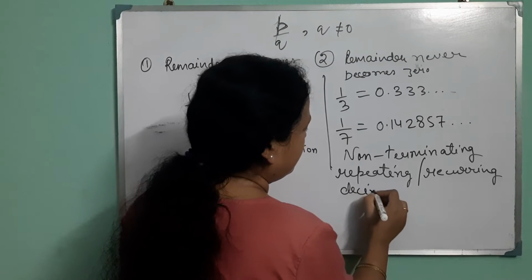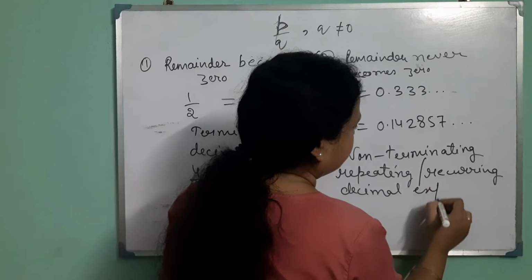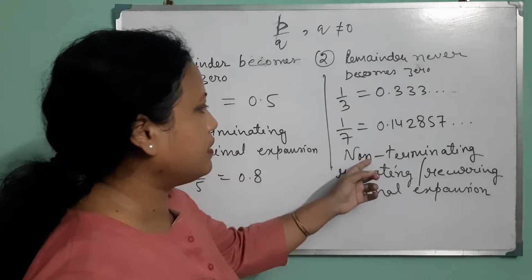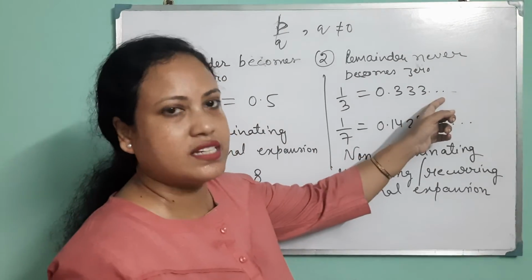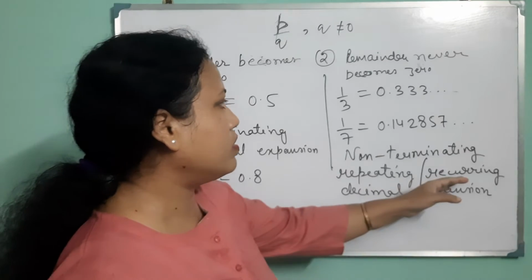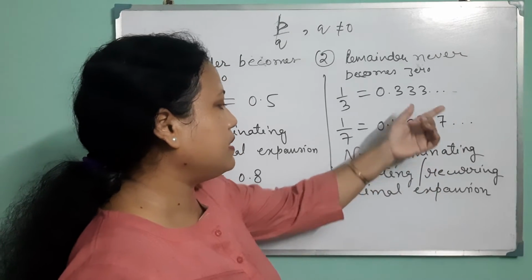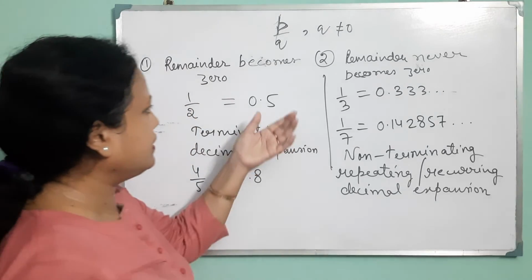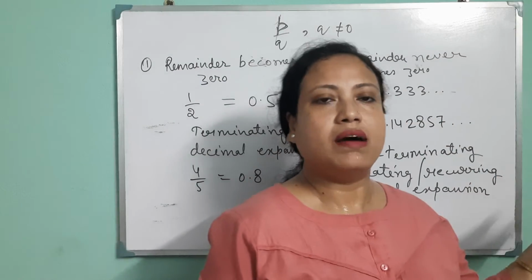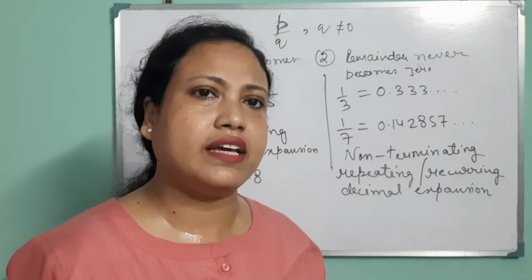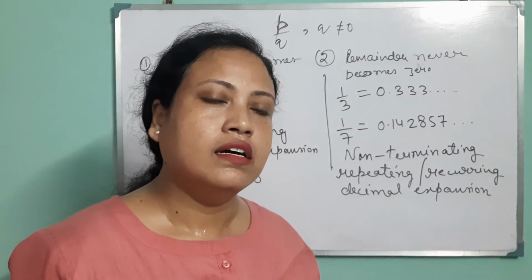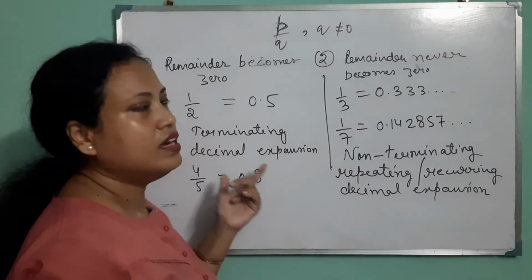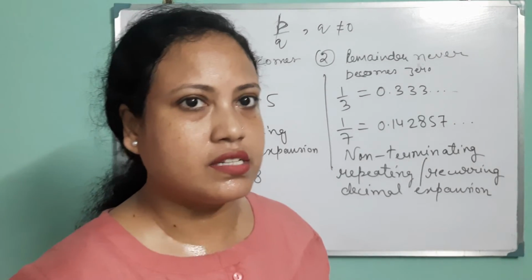So non-terminating because it is not terminating, not ending, and repeating or recurring because digits are repeating. So whenever the decimal expansions are given, by observing the decimal expansion, we can say these are the rational numbers or irrational numbers. These decimal expansions are for rational or irrational numbers, right?